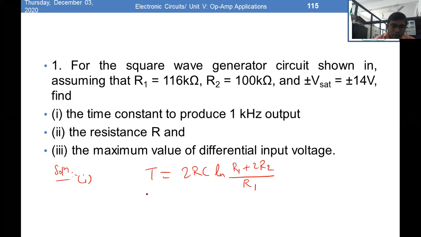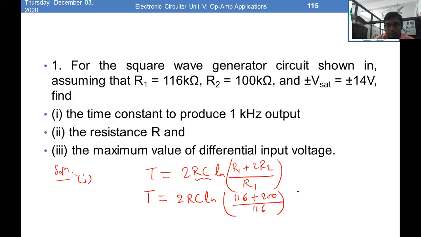So here you can first find out the value of T. We have to find actually RC, so we will get to that later. First, all the terms inside the log. R1 is 116 plus 200 upon 116, that is 2RC ln of 316 upon 116.